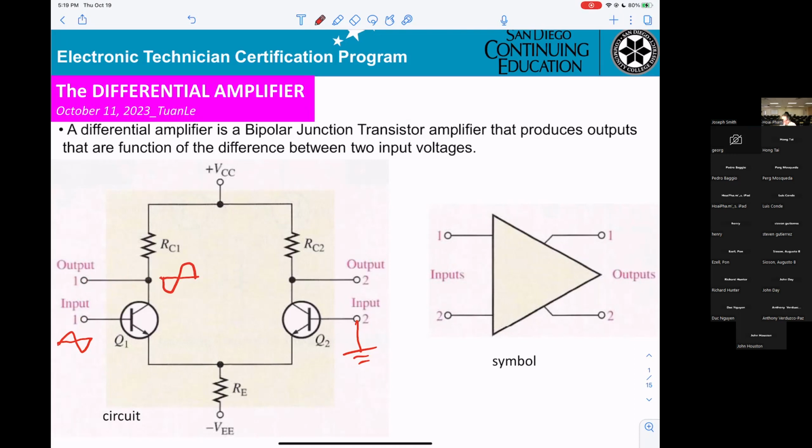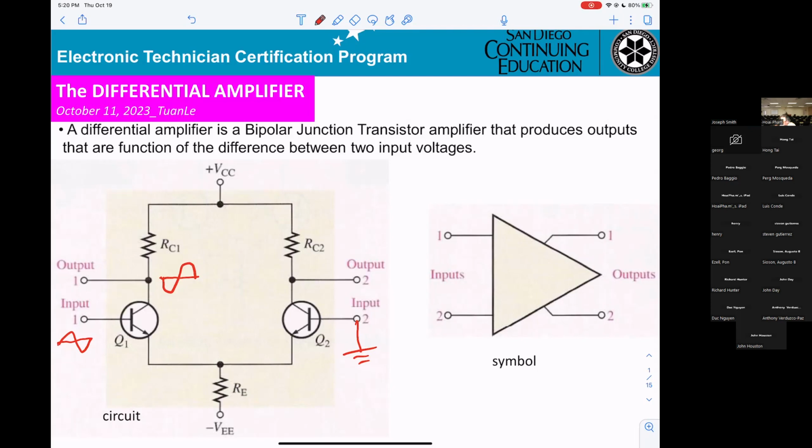Right now we're talking about Q1. You say that it's a common emitter, correct?